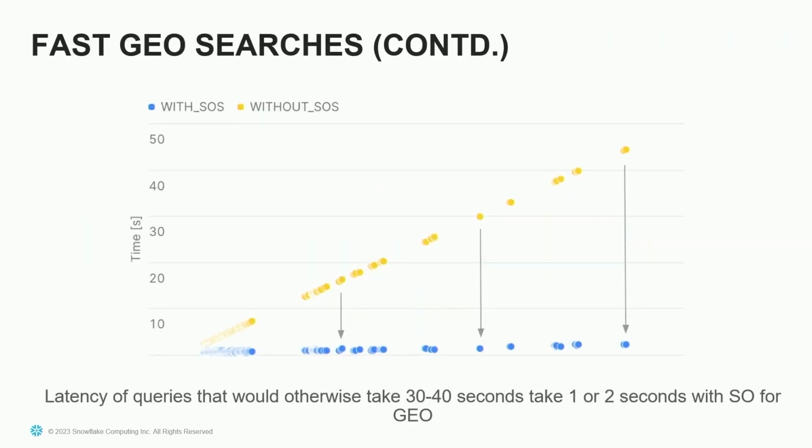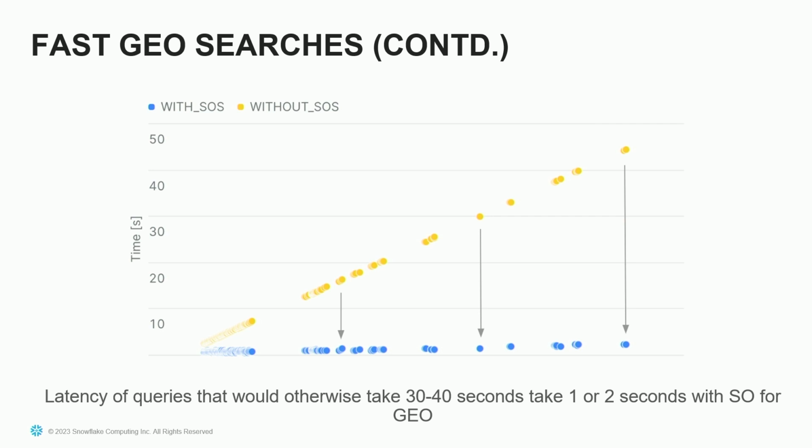So this graph here shows the results a location identifier company saw once they enabled this feature for their geographical searches. The yellow dots signify a query run without search optimization, whereas the blue ones are the same query run with search optimization.